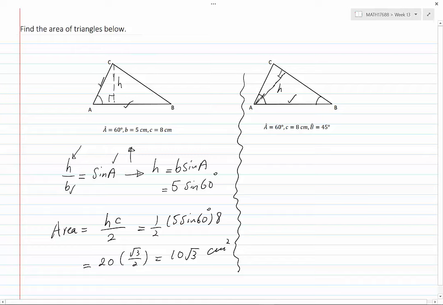I can easily calculate H because H divided by C is equal to sine B, and as a result H is C sine B, which is 8 sine 45 degrees, which is 8 root 2 divided by 2, which is equal to 4 root 2.